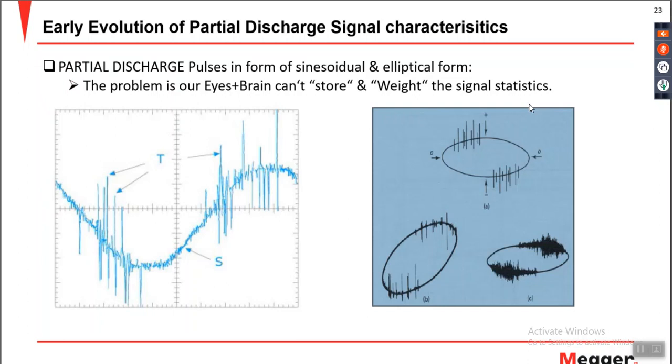Earlier, people used to perform the measurement with the help of an oscilloscope in a sinusoidal or elliptical way of measurement, where the signals generated during the measurement are represented like this. But during the measurement, our eyes and brain cannot store the amplitude or phase characteristics of these signals on a sine wave.